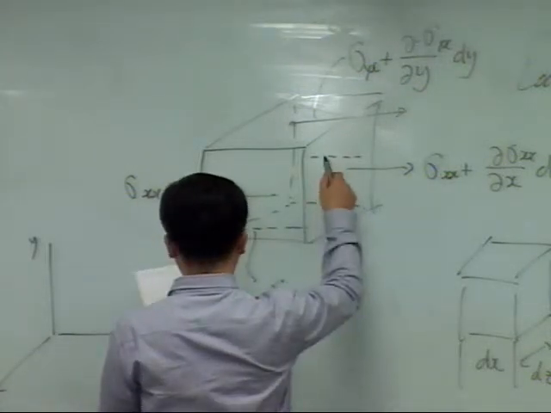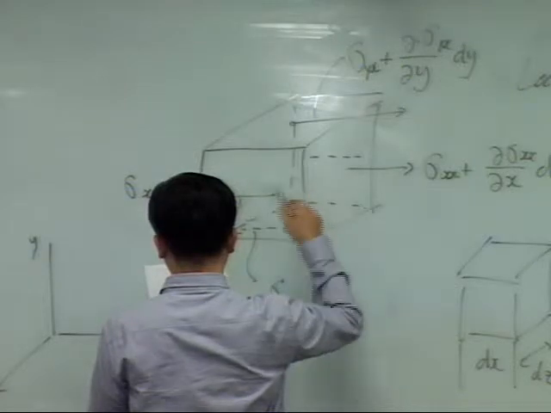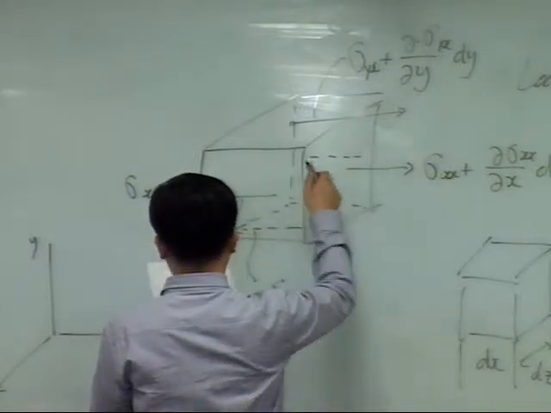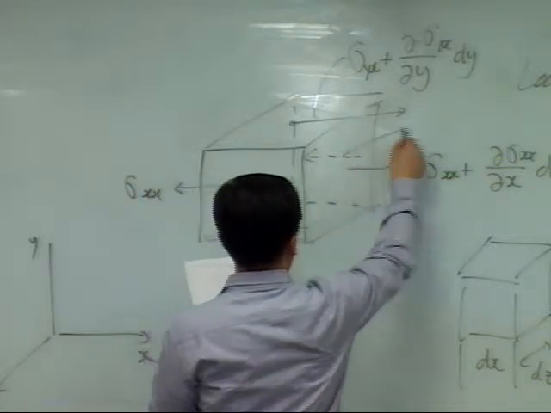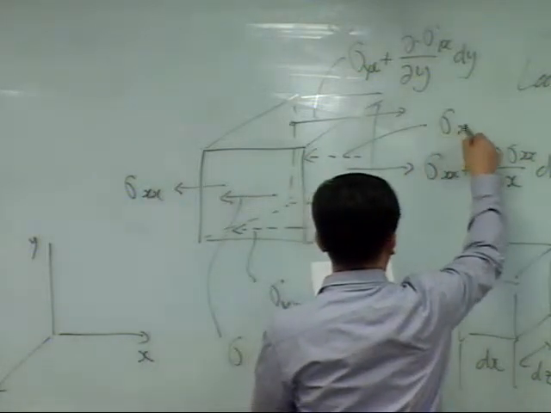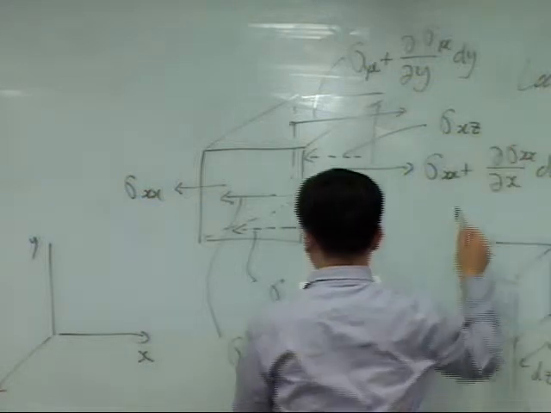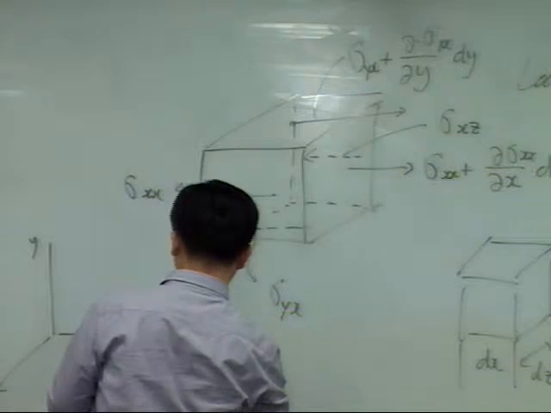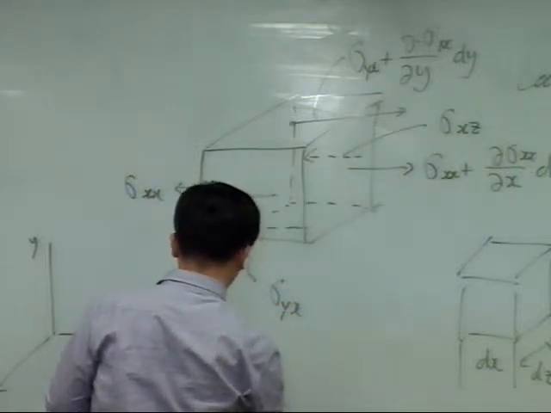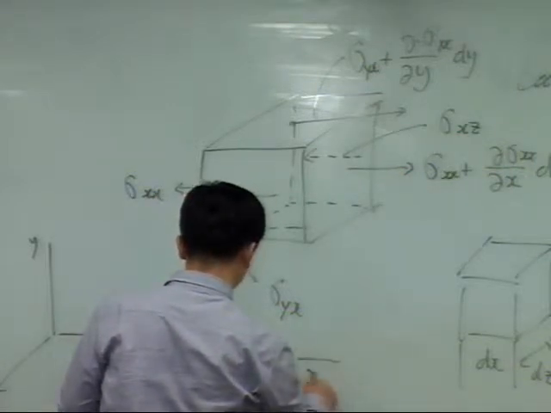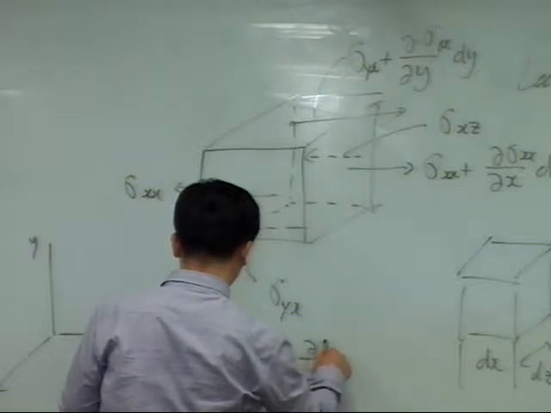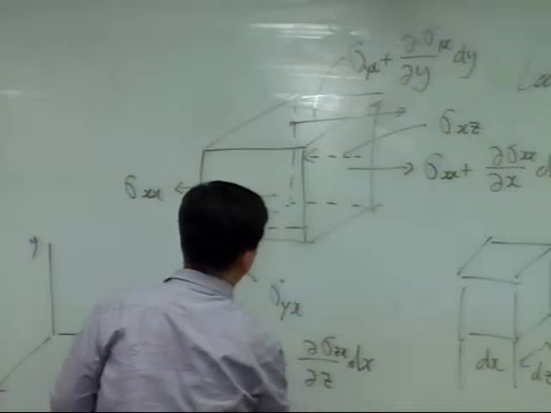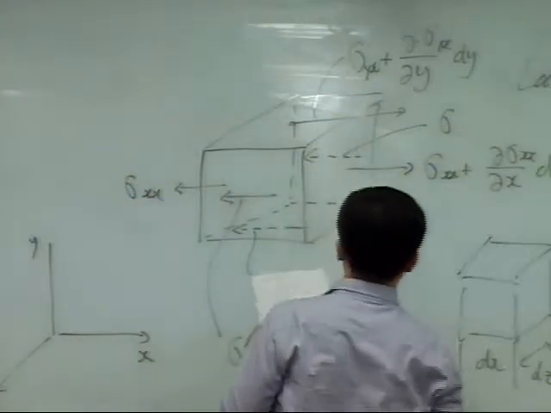In the back we have stress xz. In the front, stress, sorry, zx plus partial zx over partial z dz. Okay, this is zx.